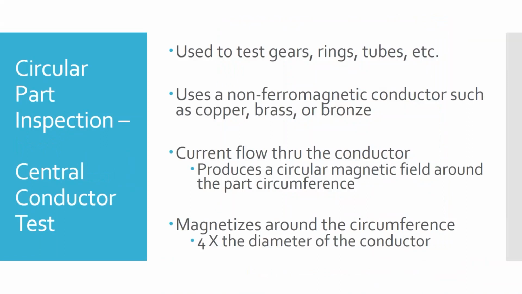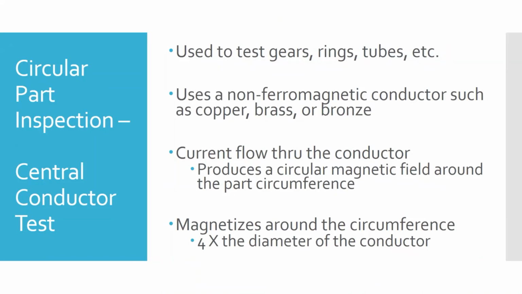But when we do that, even though the rod is non-ferrous, it's not going to hold a magnetic field. When we run a current through it, it will create a magnetic field while the current's running. As soon as the current is shut off, however, that rod will not remain magnetic at all.